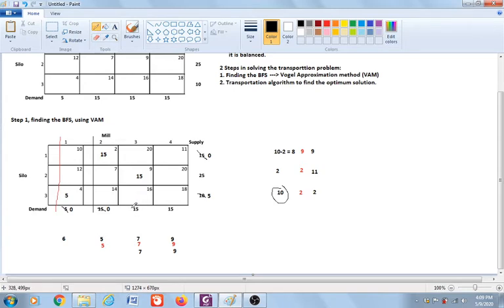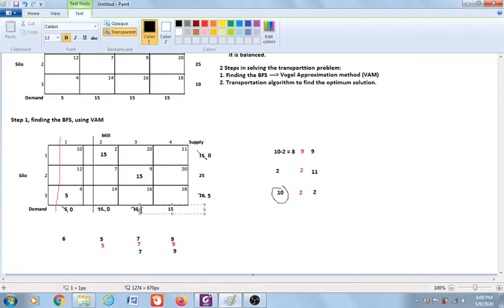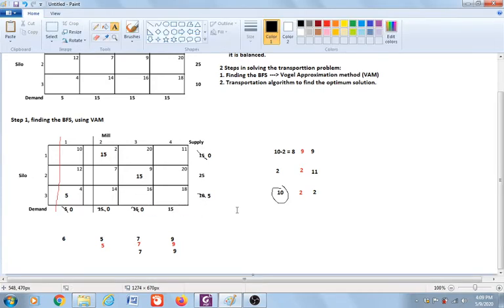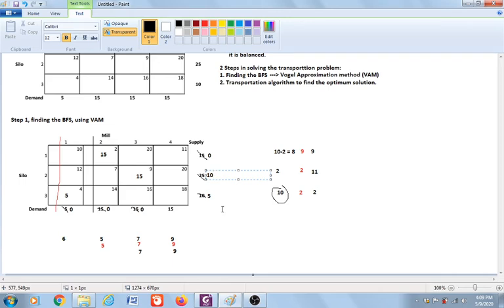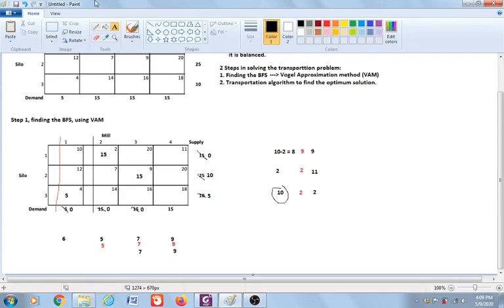So demand 15, I give 15, so I fulfill it. 25, I give 15, so I have 10 left. Okay. So it is 0, column number 3, sorry. And now I will cross it.